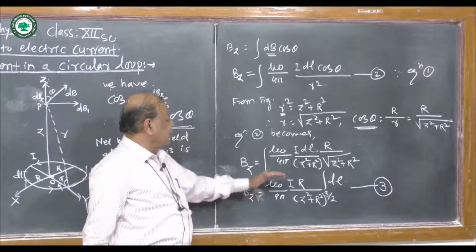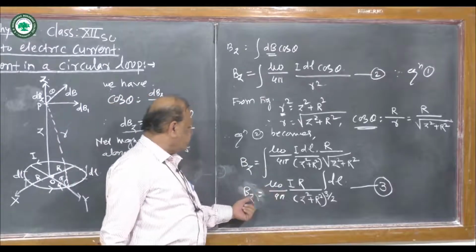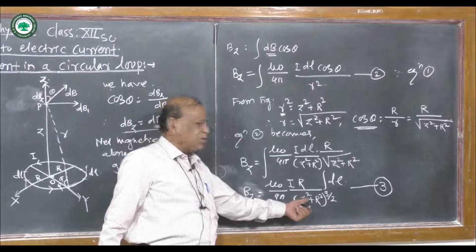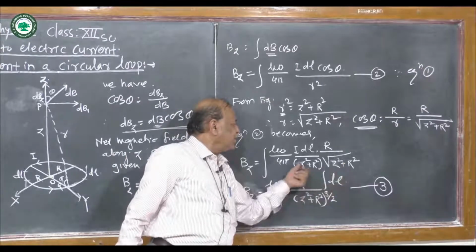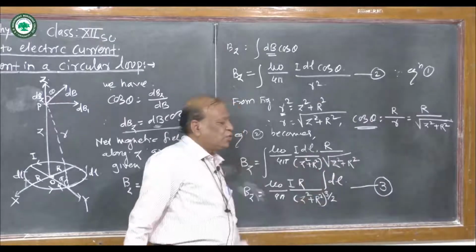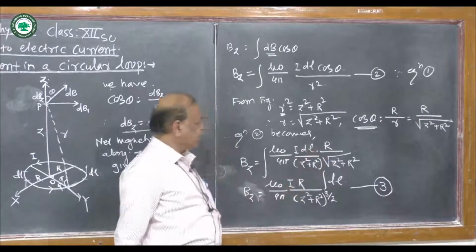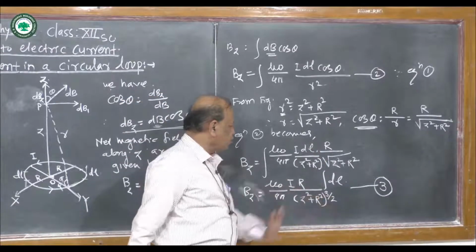Modify it, take the constant terms outside, then the equation gets Bz is equal to mu 0 upon 4 pi IR divided by z square plus r square raised to 3 by 2 into integration of dl. That can be obtained using the rule of indices. If the base is the same, then the power of this term is 3 by 2 here.